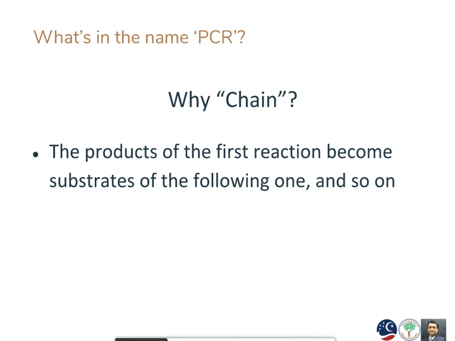Because the product of the first enzymatic reaction step becomes the substrate of the next one. Again, the product of the next one becomes the substrate of the subsequent ones. So that is why it is also known as chain reaction. That is why the name chain.